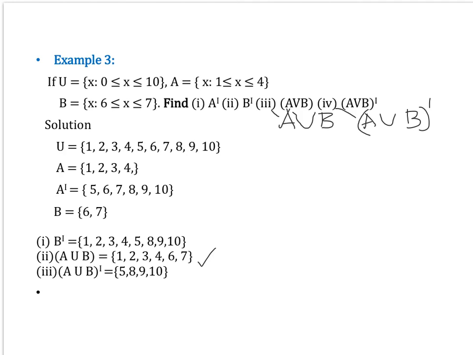So for A union B prime, these are elements that are in the universal set but are not in A union B. Since we have A union B to be this, A union B prime will be {5, 8, 9, 10}. These elements are in the universal set, but they are not in A union B.